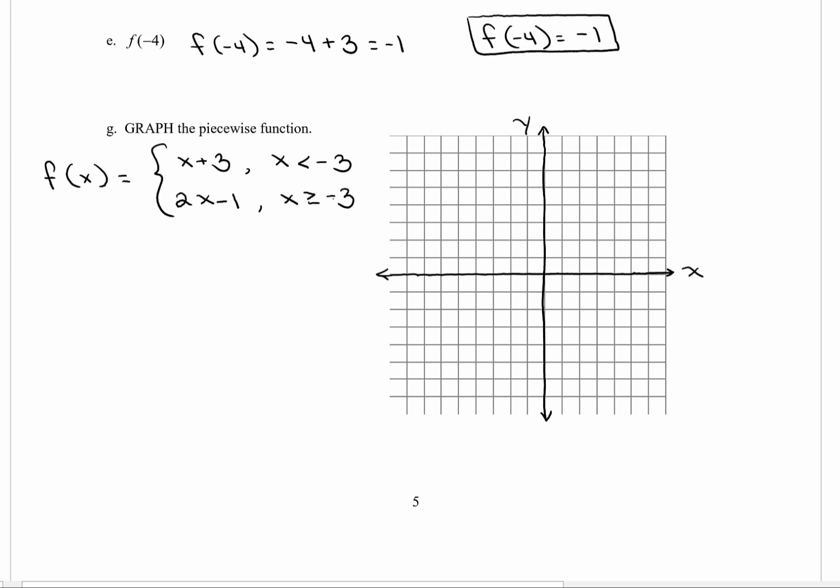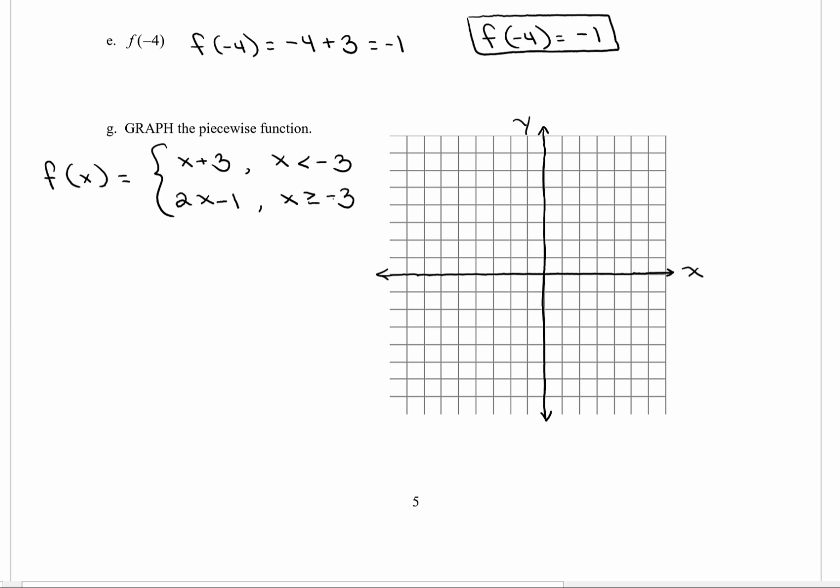Looking at the two inequalities, it says x is less than negative 3 and then x is greater than or equal to negative 3. I can tell here that the division is happening at negative 3. So that's where I'm going to have the division of my two pieces of my function, because it's going to look like these two different functions depending on whether we're going to the right of negative 3 or to the left.